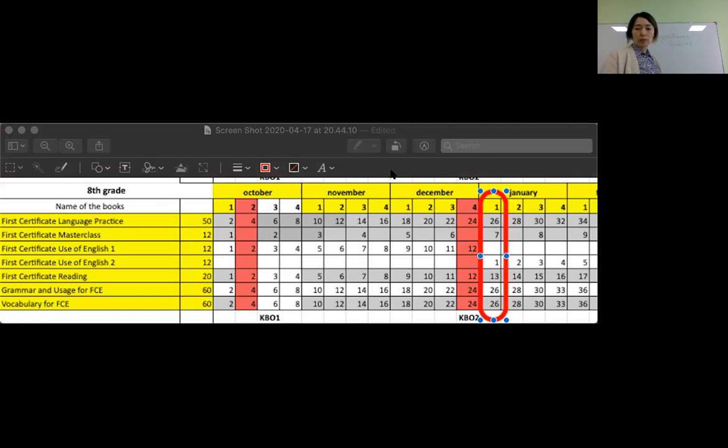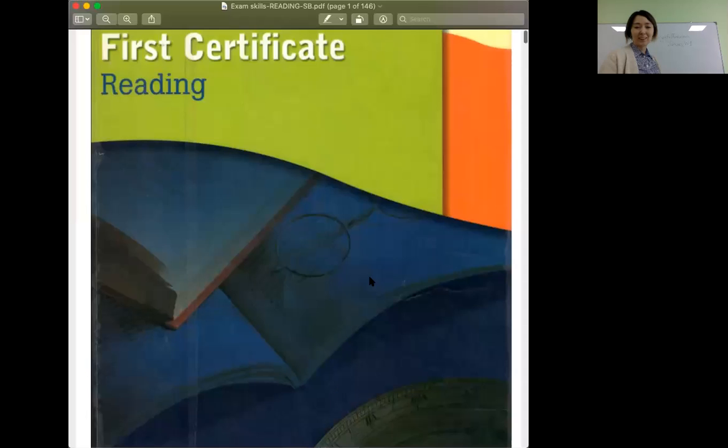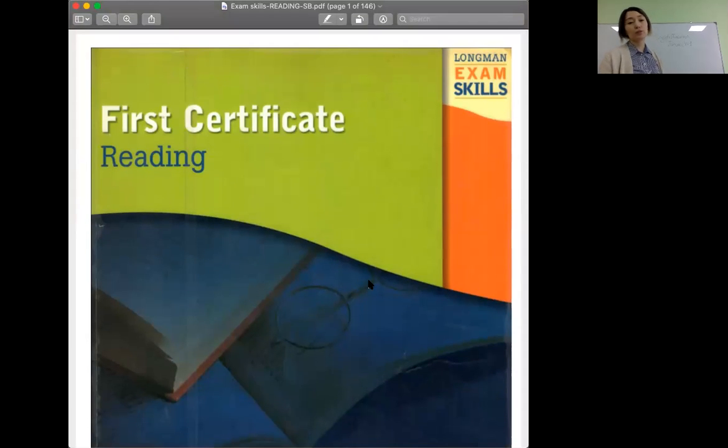How do you like reading? I mean, FCE reading. So this is how the first certificate reading looks like.